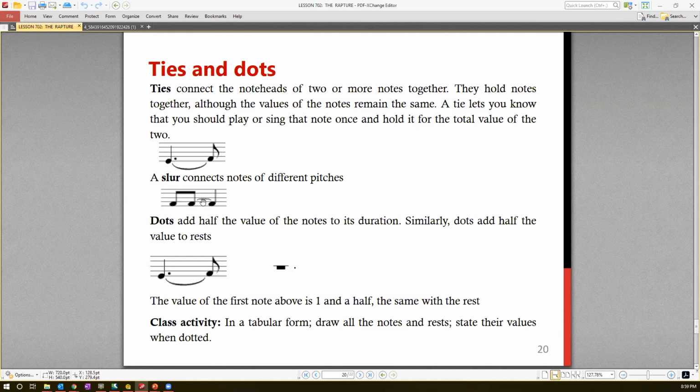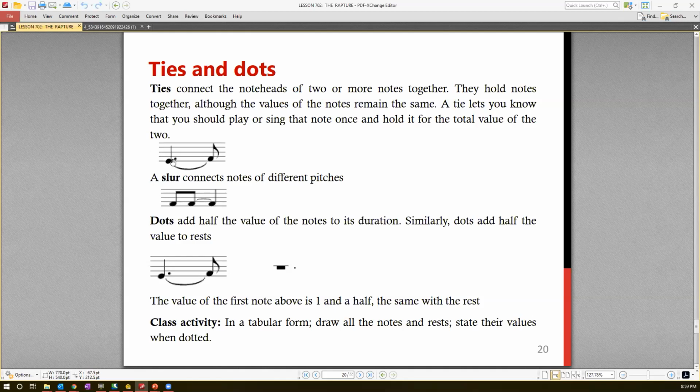But if we're trying to put a slur on these ones, then this will be a tie, not a slur, because they're on the same F note, two notes. But if you have two notes on a different pitch, so for example, this one here is on E, if we have a treble clef.